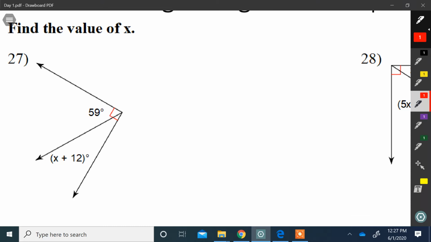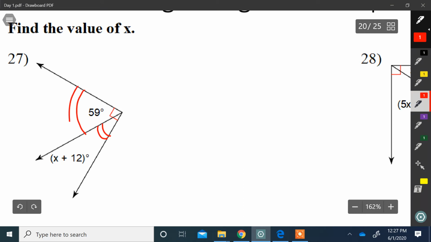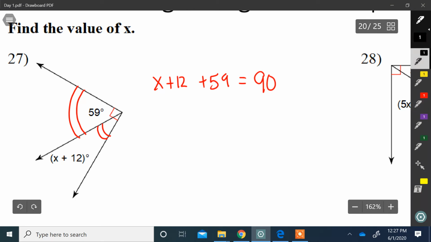So we have this right here. We know that this plus this, those two angles are complementary angles. So if I add the x plus 12 plus the 59, that's going to add up to 90 degrees. And that's going to allow me to solve for x.